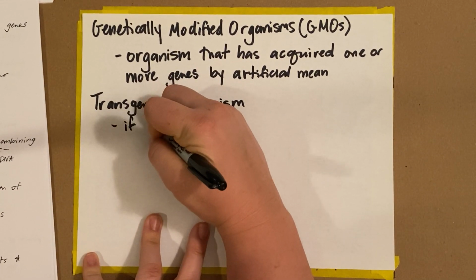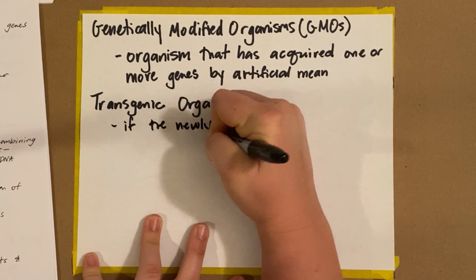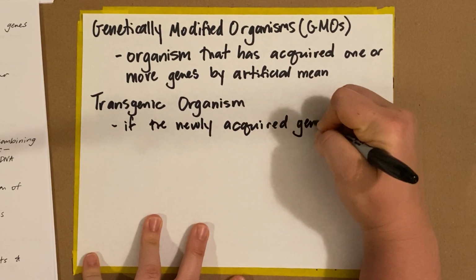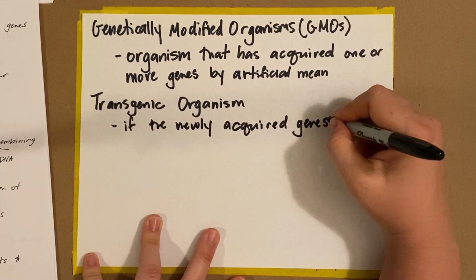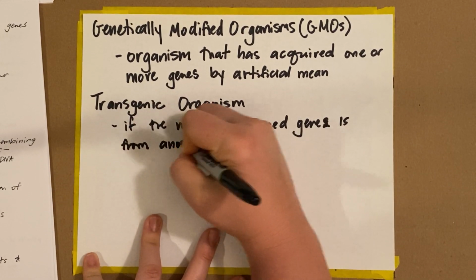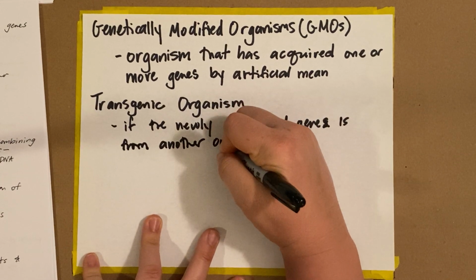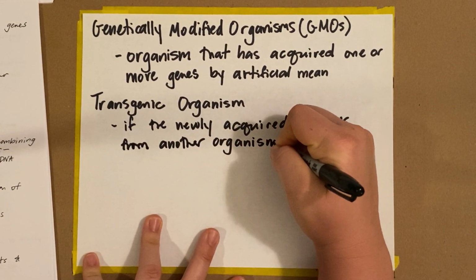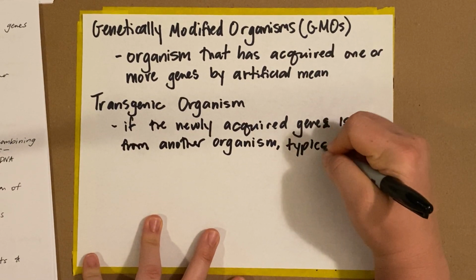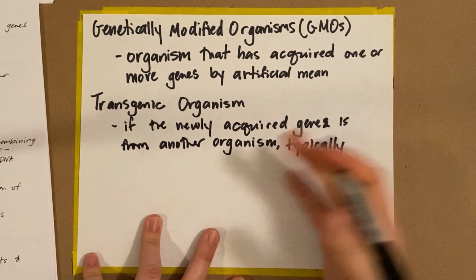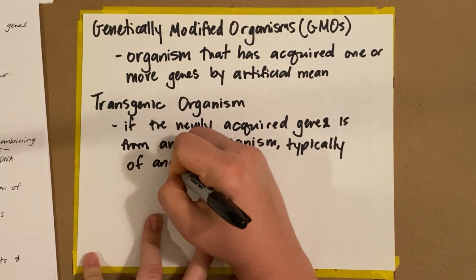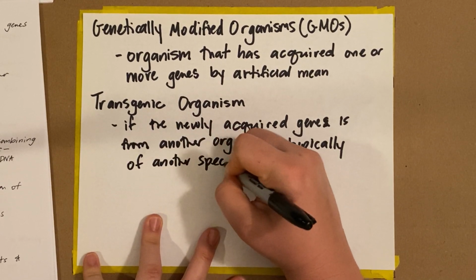If the newly acquired gene is from another organism, and this is typically a different species. So you wouldn't be like human to human. This would be like giving a human gene to bacteria, typically of another species.